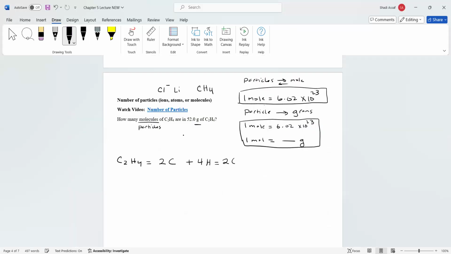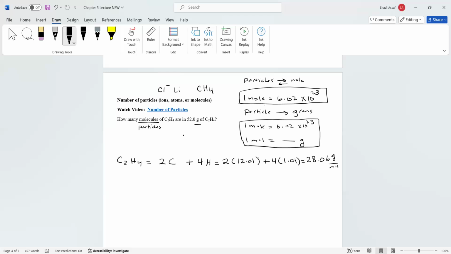So we have 2 times 12.01 plus 4 times 1.01, and if you calculate this, you get 28.06 grams per mole.